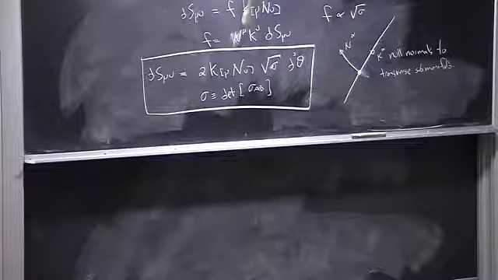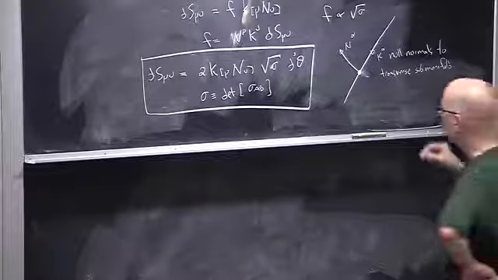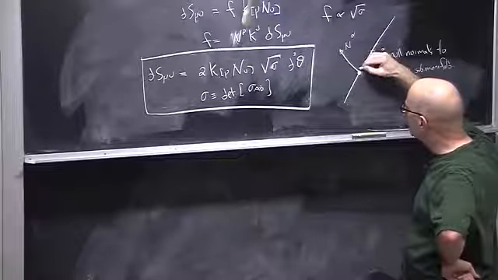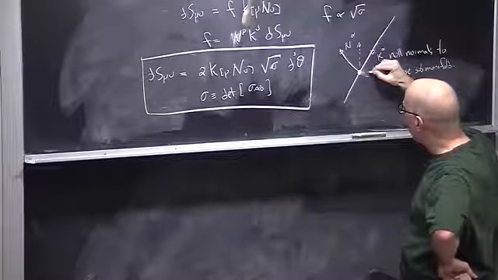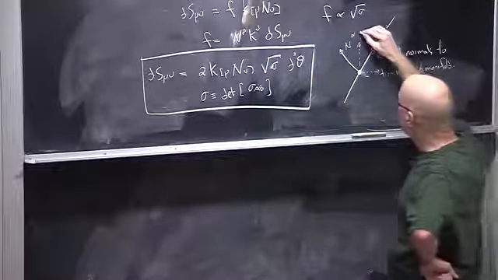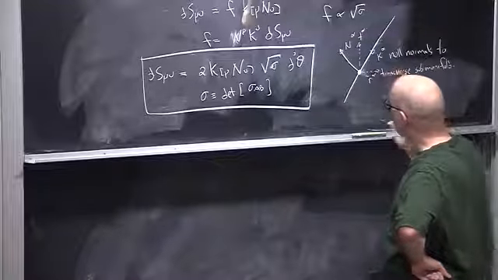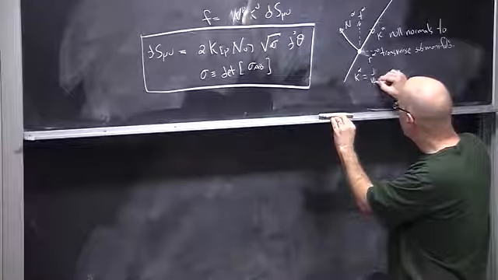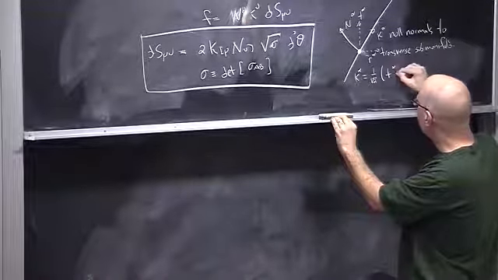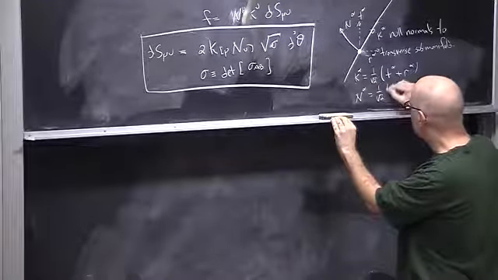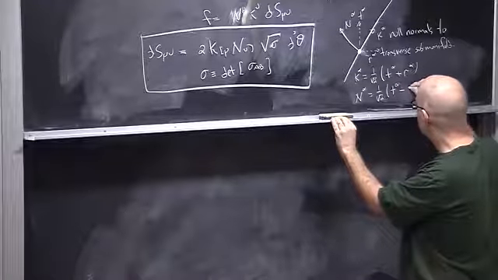You can certainly, if you want, decide not to use those null normals. Instead of decomposing in terms of null directions, I could be decomposing in terms of a time-like normal and another space-like normal, like that. So if I call this one T alpha, and I call this one R alpha, I can say that K alpha is going to be 1 over the square root of 2 times T alpha plus R alpha. And I can say that N alpha is going to be 1 over root 2 times T alpha minus R alpha.